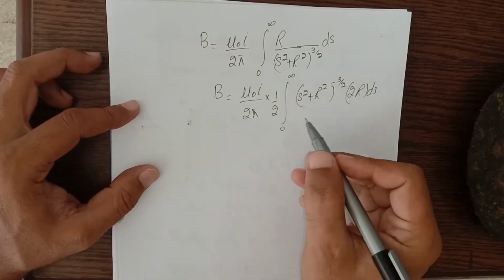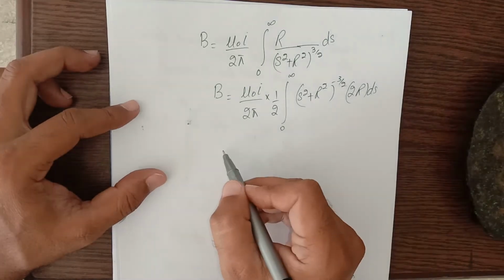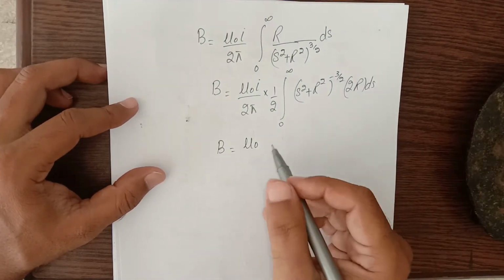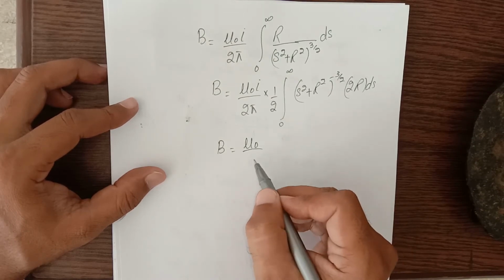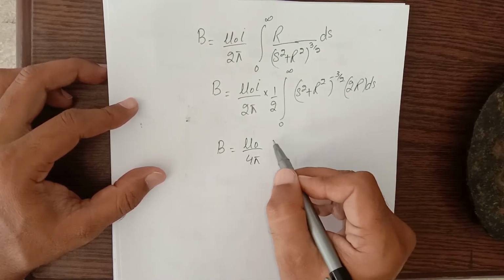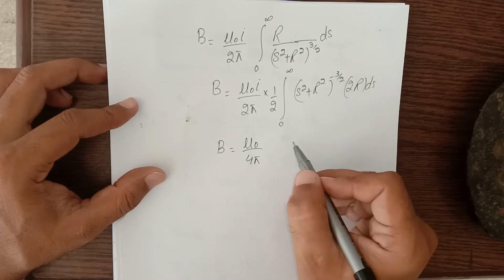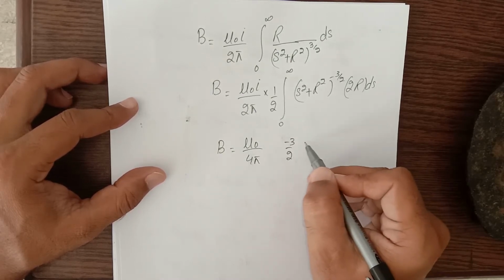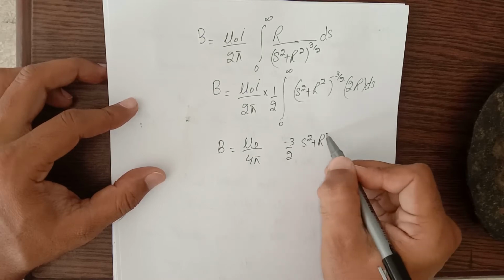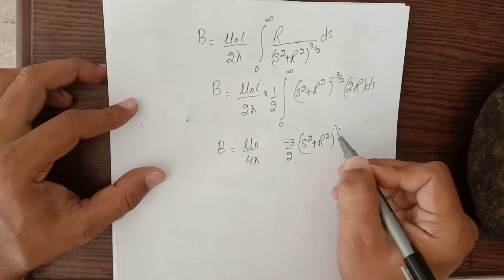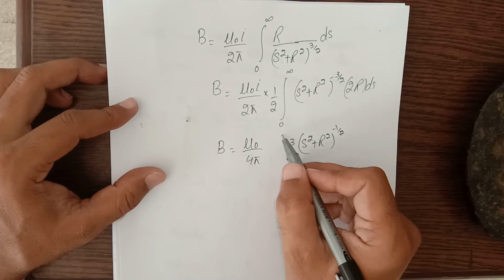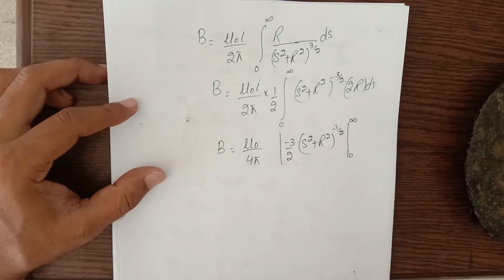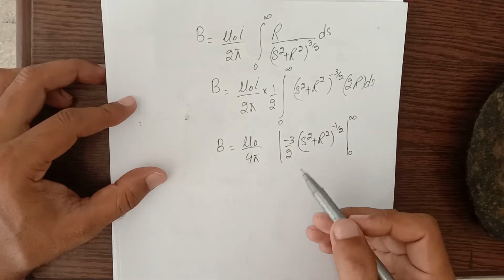Now the integral of this would be mu naught over 4 pi, minus 3 by 2, s square plus r square raised to power minus 1 by 2, with limits of integration from 0 to infinity.